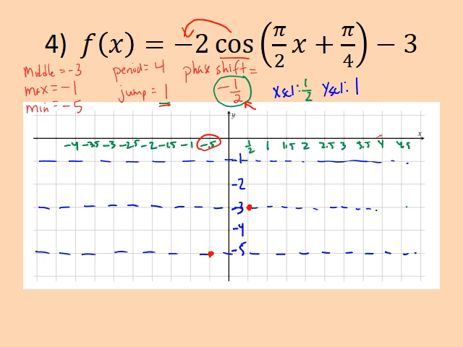So now we're at the middle, but we skip 2 boxes. Then we're going to go up to the max, skipping 2 boxes, and then back to the middle, and then down to the minimum, and then back to the middle. Now we're going to have to go backwards as well. So we have to go over 2. So back to the middle, to the maximum, to the middle, and then over to the minimum. So here is our negative cosine graph.